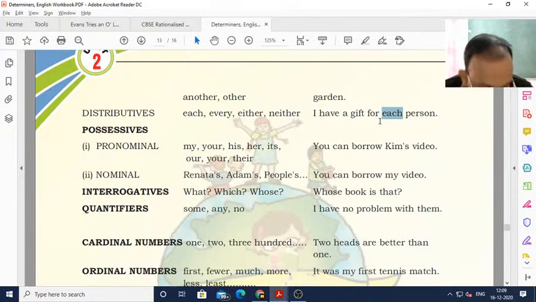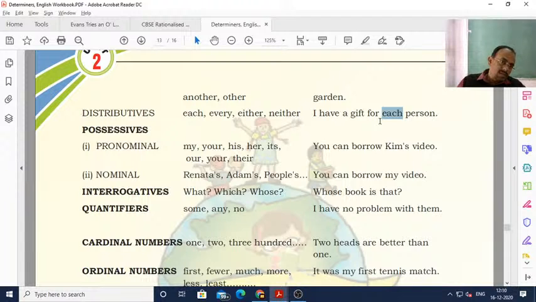For example, as I told you, he is honest, so it's not followed by a noun. But the same word can also be used with a noun. For example, if I say he is an honest man, honest is followed by man, that is a noun here. Understood? So both determiners as well as adjectives are followed by nouns, but with a different role.